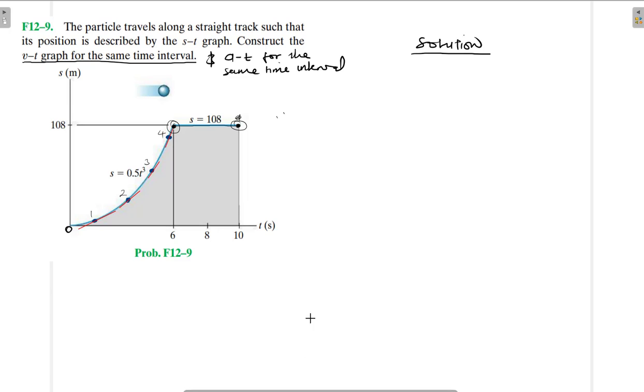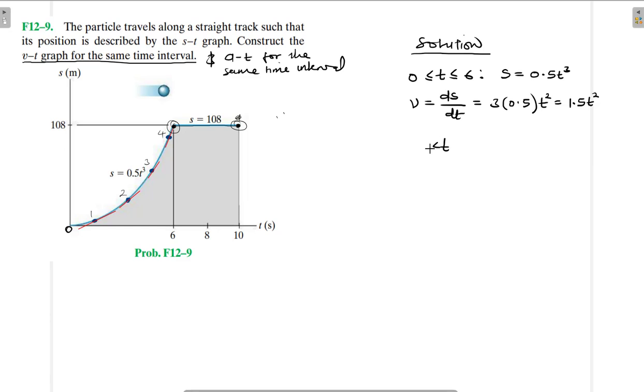For t from 0 to 6, the position function is equal to 0.5 t cubed, and our velocity is going to be equal to ds/dt, which is 3 times 0.5 t squared, which is equal to 1.5 t squared. It's quadratic, right?